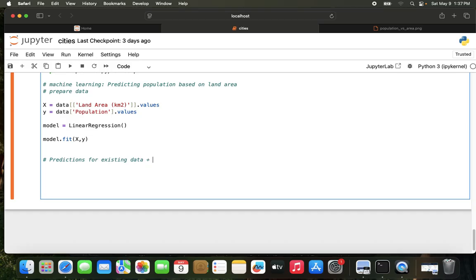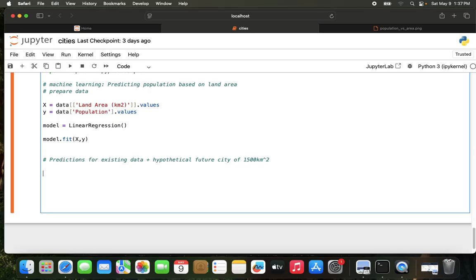Then if we had a hypothetical future city, let's say over 1,500 square kilometers. Okay, so how do we handle that with our machine learning prediction? So we can do data, and for our data, this is going to be a new column.